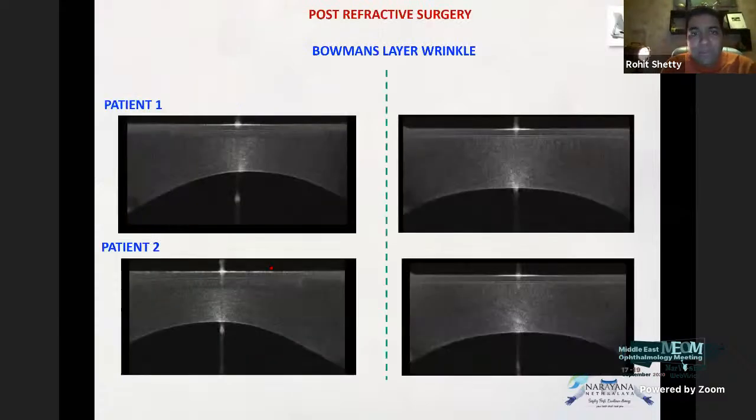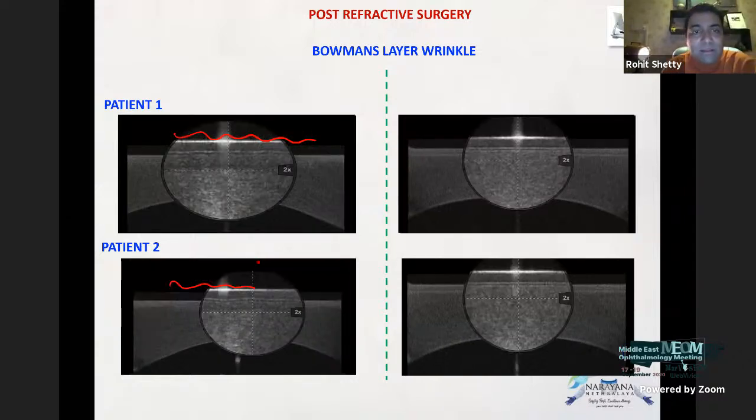Let's go to the Bowman's. The question which is asked is, today we're getting OCTs which are able to look at the Bowman's layer. Most OCTs do have a resolution to look at it. Why is it important? It's because we decide sometimes on refractive surgery, like we do a SMILE, and you can see that sometimes the Bowman's has wrinkles, and you can see that these wrinkles have an impact on your quality of vision.